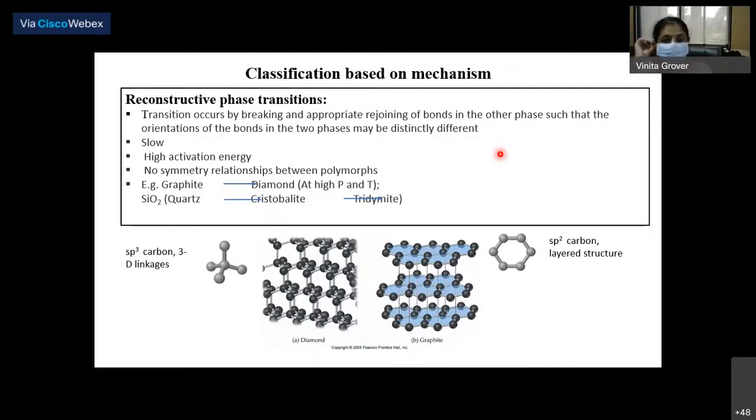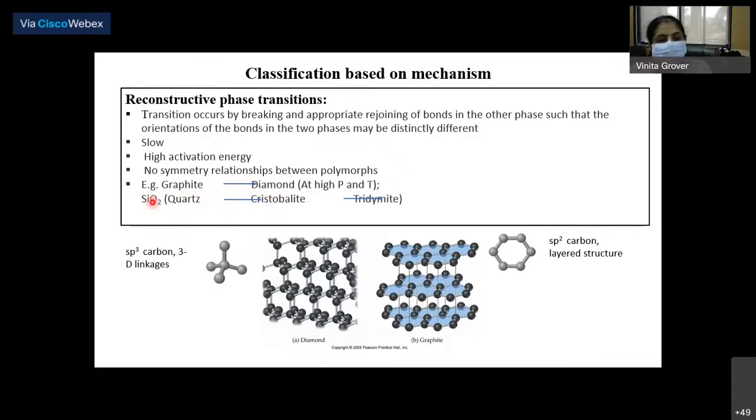So these phase transitions need energy, and because they need energy, there's a very high probability that reconstructive phase transitions would be slower. They would need high activation energy because bond breaking and bond formation are needed. Also, because you are breaking everything and then reassembling, there is a high chance that there is no symmetry relationship between the two polymorphs.